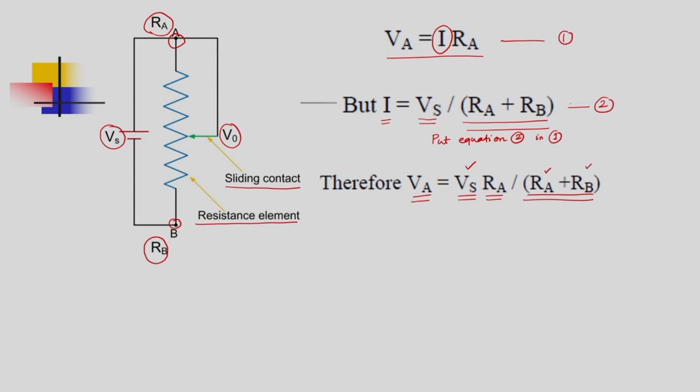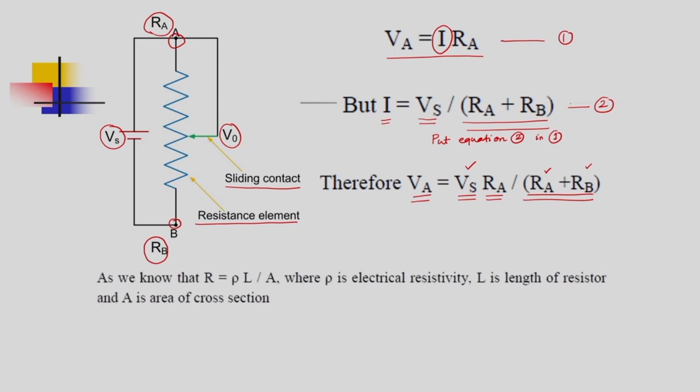Now, as we know, the resistance R is directly proportional to the length of the contact and inversely proportional to the area of cross section of the wire.